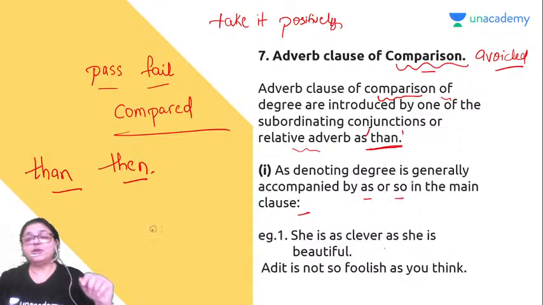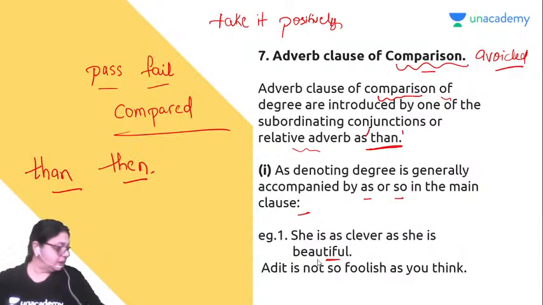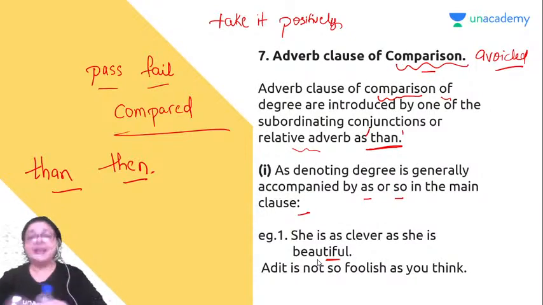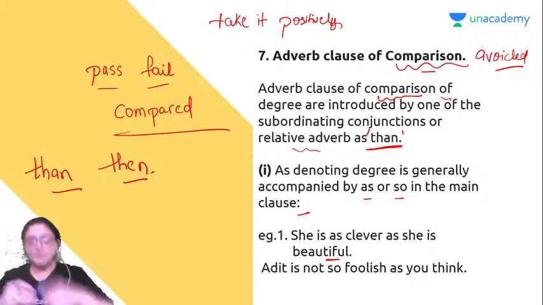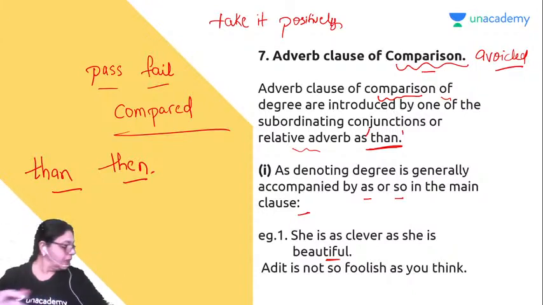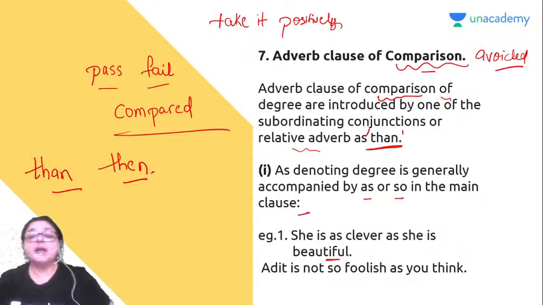As beautiful, as clever as. So comparing that she is beautiful is compared by as clever as. Okay, now my next sentence. Aditi is not so foolish as you think.